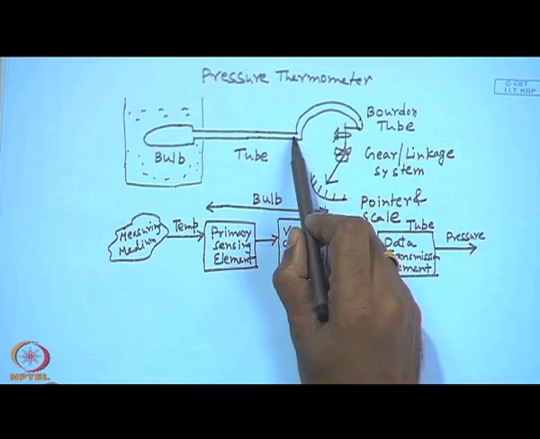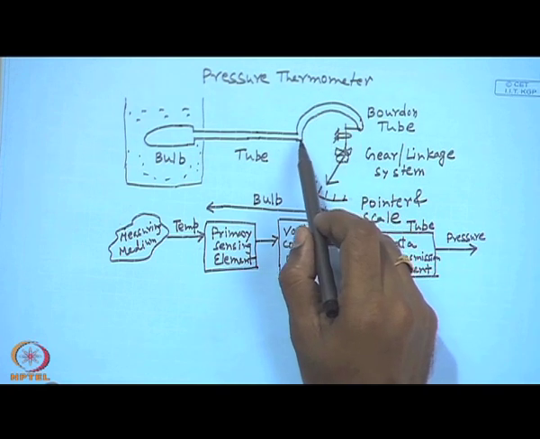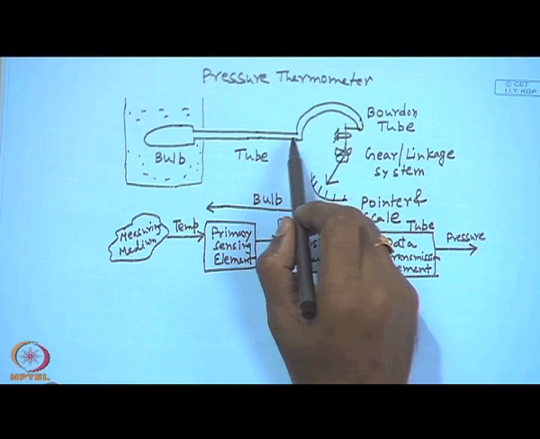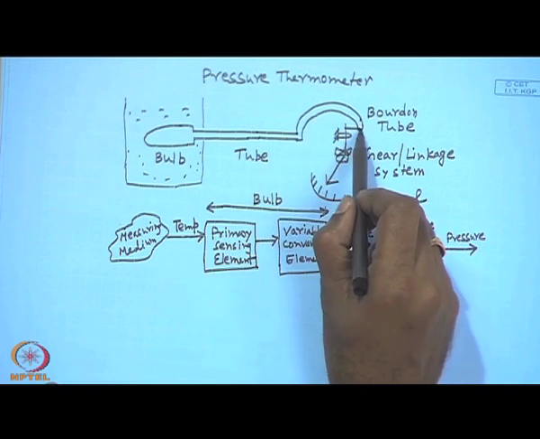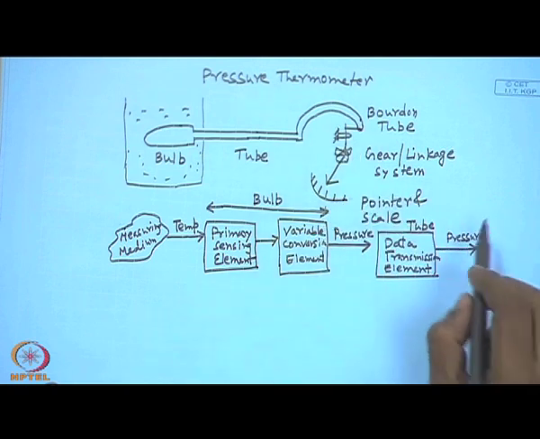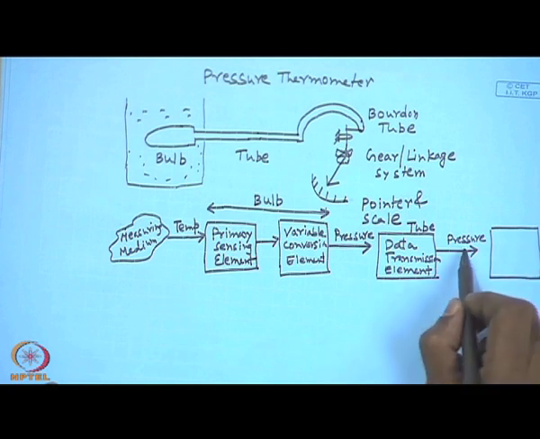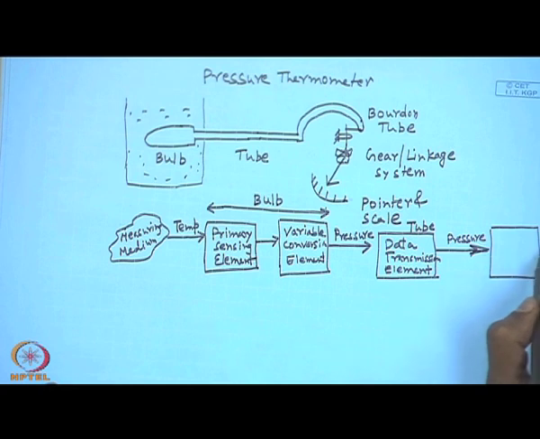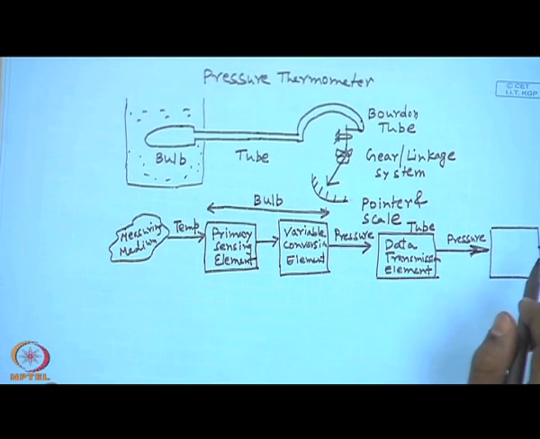Then this pressure goes to the Bourdon tube, which converts this pressure signal to a displacement or motion signal, because when the pressure acts inside the Bourdon tube, the tip of the Bourdon tube will deflect. So, the Bourdon tube receives pressure as input signal and gives motion or displacement as output signal.